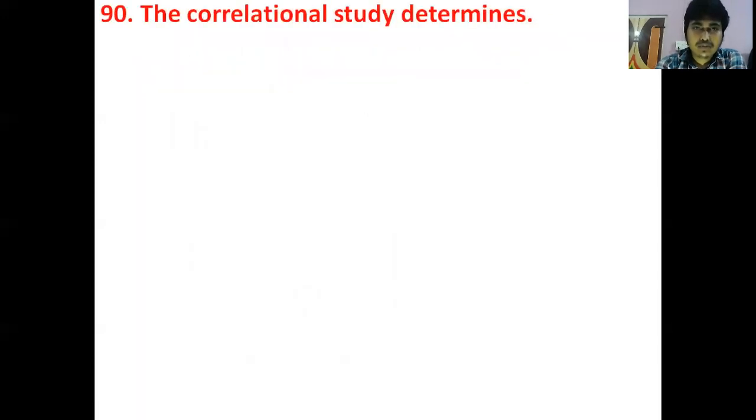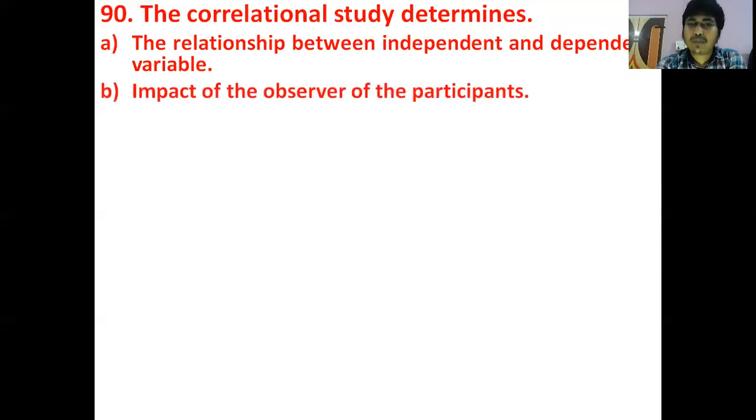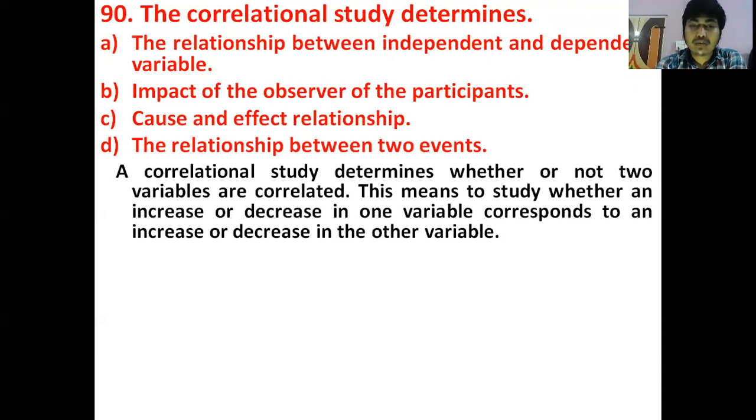The last question is: the correlational study determines. The options are: the relationship between independent and dependent variable, impact of the observer on the participants, cause and effect relationship, and relationship between two variables. The correlational study determines whether or not two variables are correlated. This means to study whether an increase or decrease in one variable corresponds to an increase or decrease in another variable.